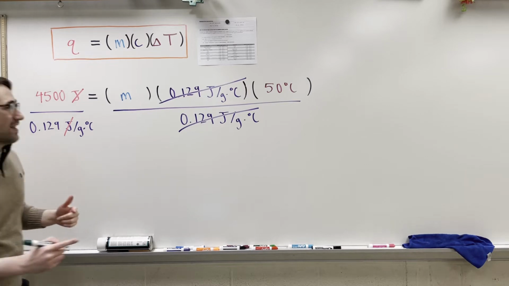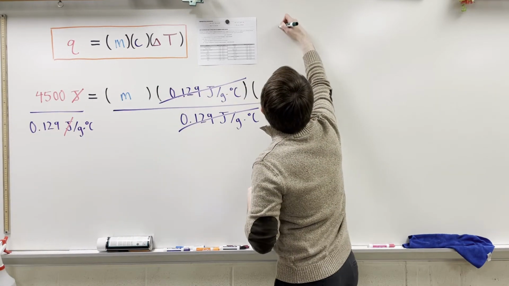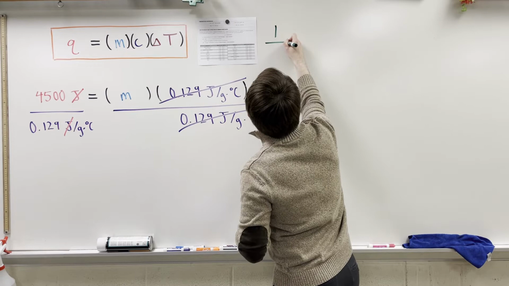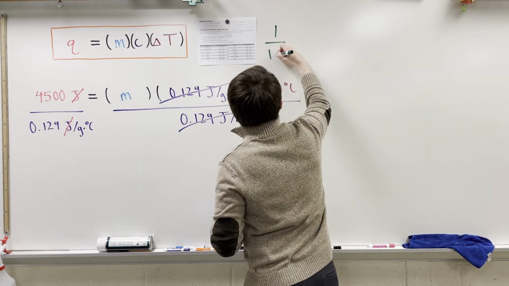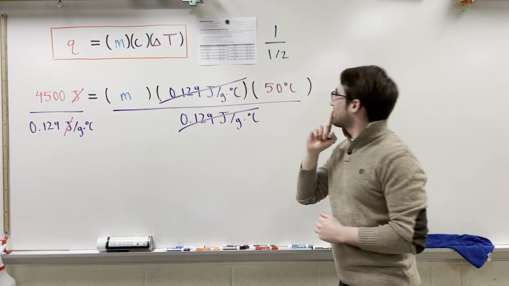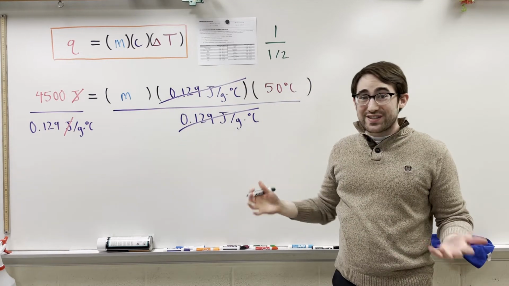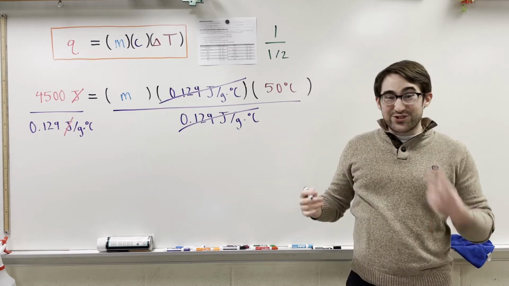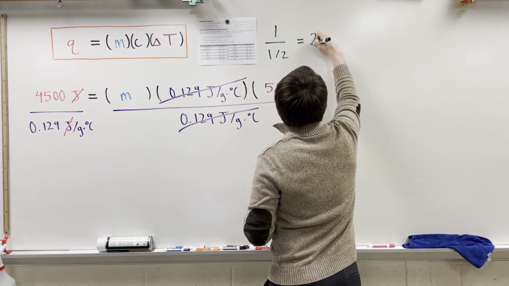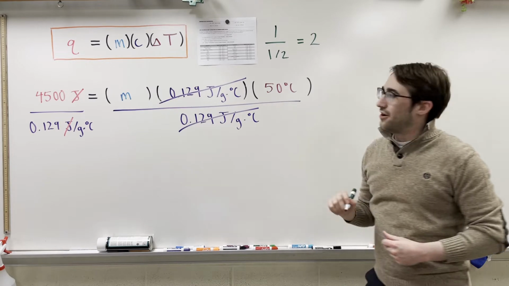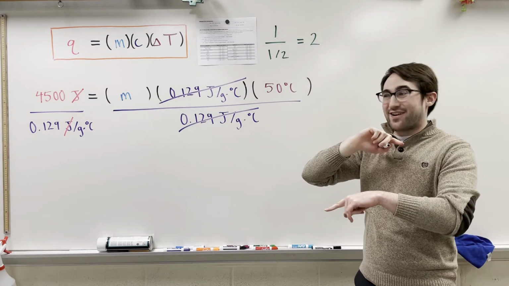If you think of something like 1 divided by 1/2, if you go and do this in a calculator, it equals 2. It kind of flips it back around.